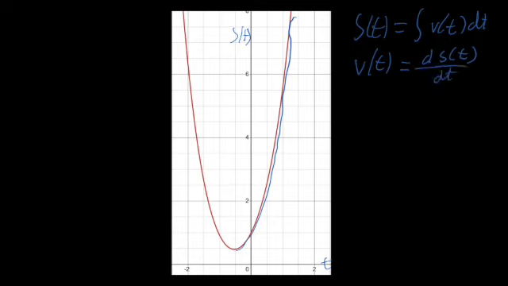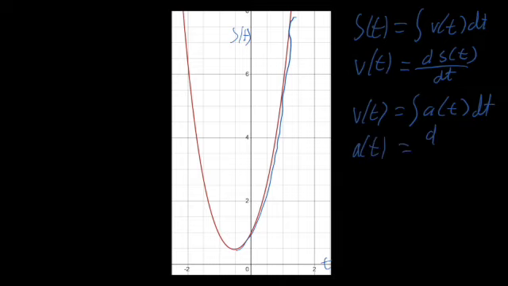The velocity equals the integral of the acceleration with respect to time. And therefore, the acceleration equals the derivative of the velocity. These are the relationships for getting from position to velocity all the way to acceleration and all the way back down.